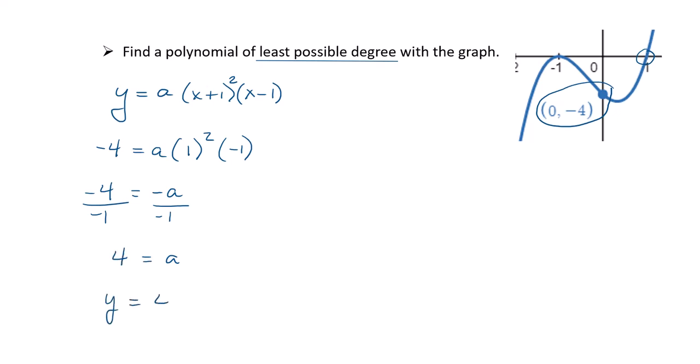So y equals 4 times x plus 1 quantity squared times x minus 1. And again, just to double check, if I were to multiply this out, my leading term would be 4x cubed. So an odd multiplicity, positive coefficient, and indeed it does start down here and ends up here.